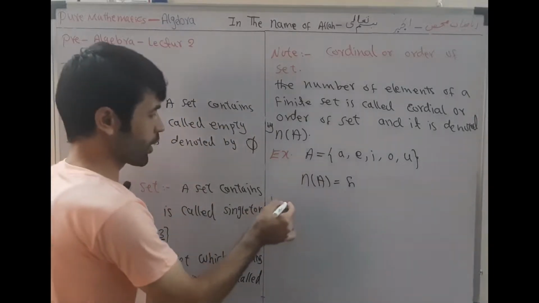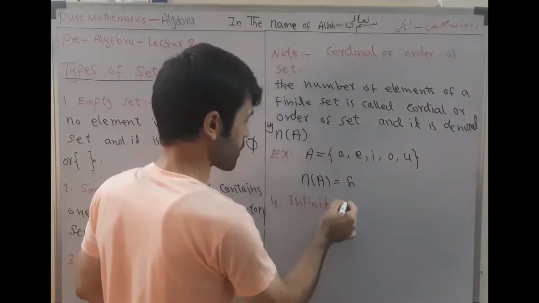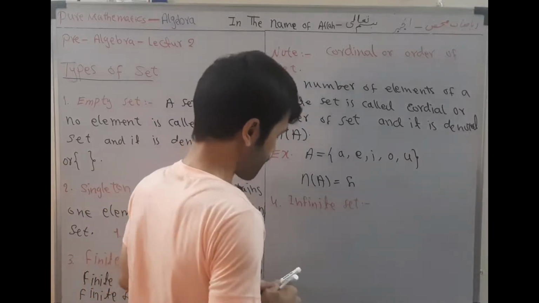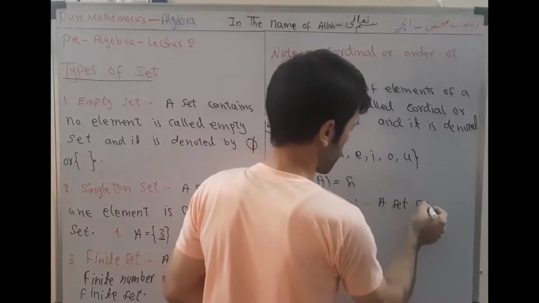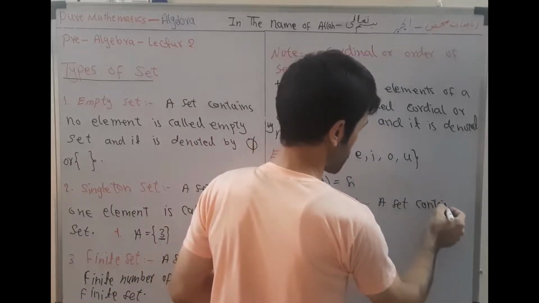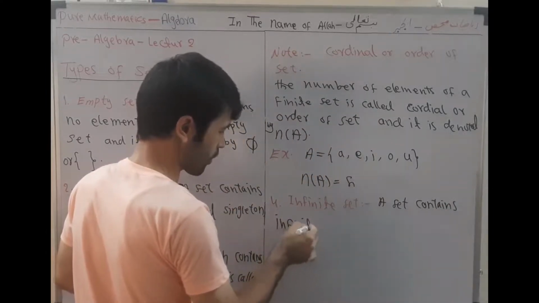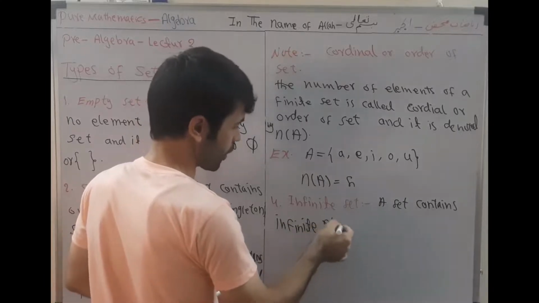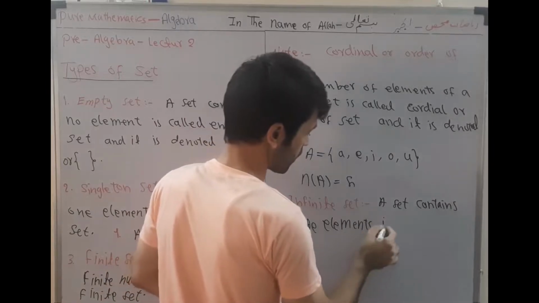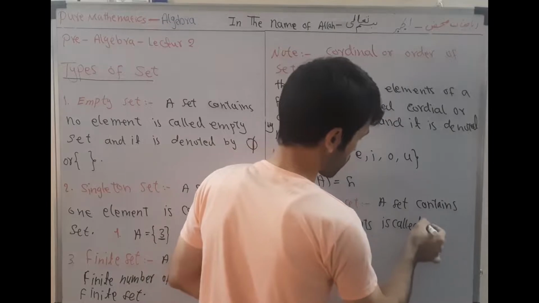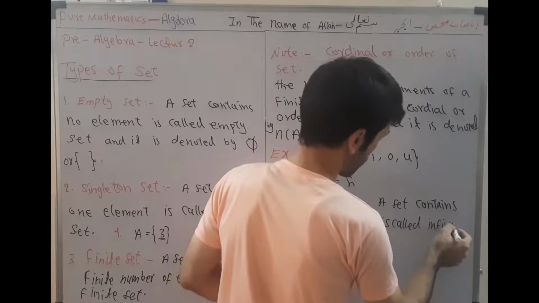Fourth one, infinite set. A set that contains infinite elements is called infinite set.